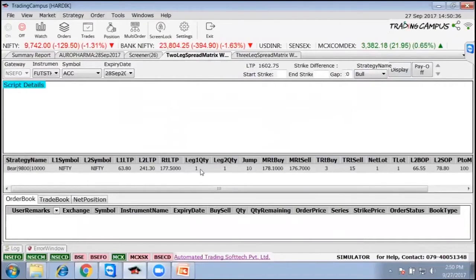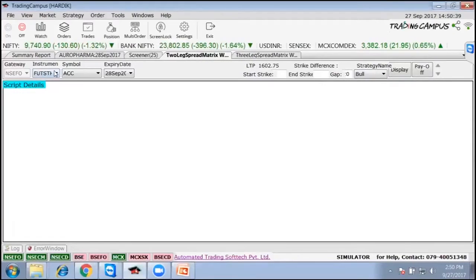So I'll just show you over here. Let's say I have taken Nifty index and I have taken the next expiry. I take option of Nifty. I'm taking the next expiry, that is October.